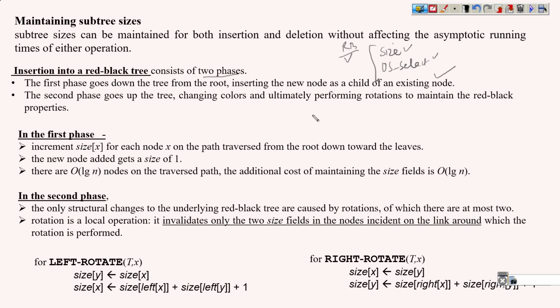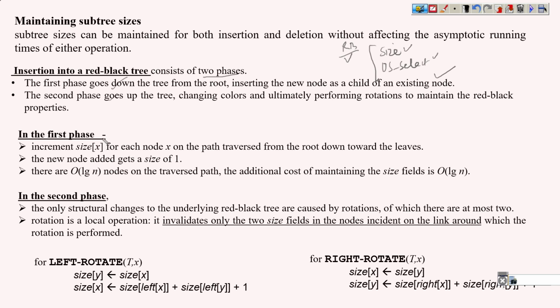After adding this new node, there is a possibility that any of the properties get violated. So in order to fix it and get our red-black tree back, we change some colors or do some rotations. So the first phase is inserting a node, and the second phase is doing rotations or changing colors to fix it again.